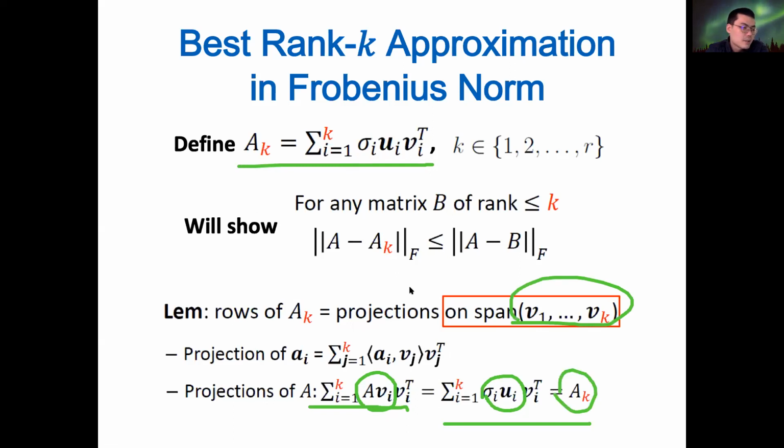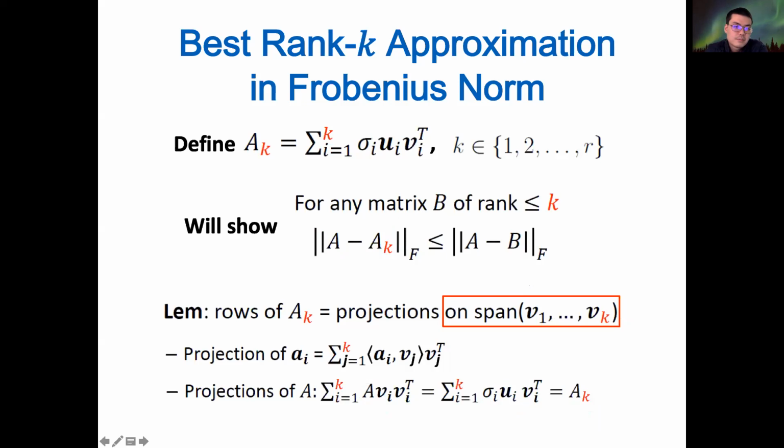When you project your whole space onto this subspace, AK is your closest projection. Now we want to show that for any other B, your distance is going to be larger than or equal to this, no smaller.